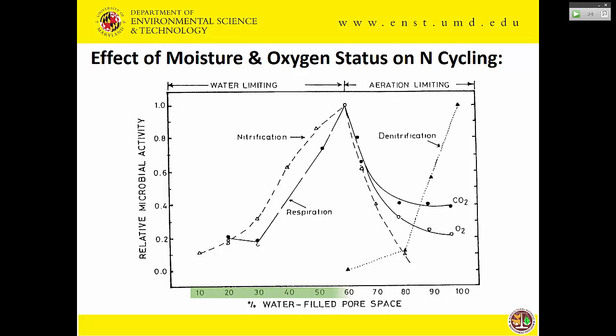In the first example, when we have low water filled, which means relatively moist to dry conditions, the first process, nitrification, which requires oxygen, will occur under these conditions. When we have a little bit more moisture, as you can see, nitrification starts declining because there is not enough oxygen in the system, and this is also called the aeration limiting step.